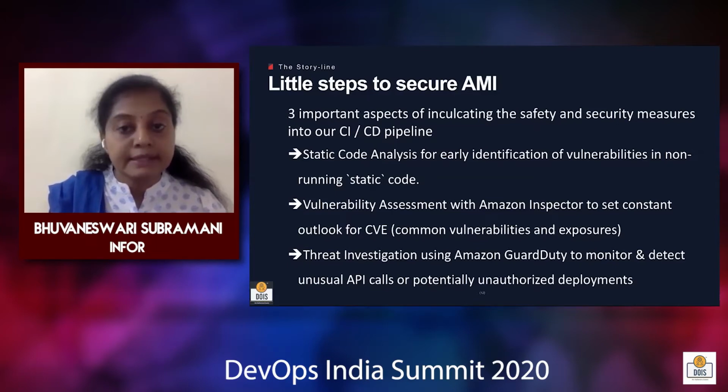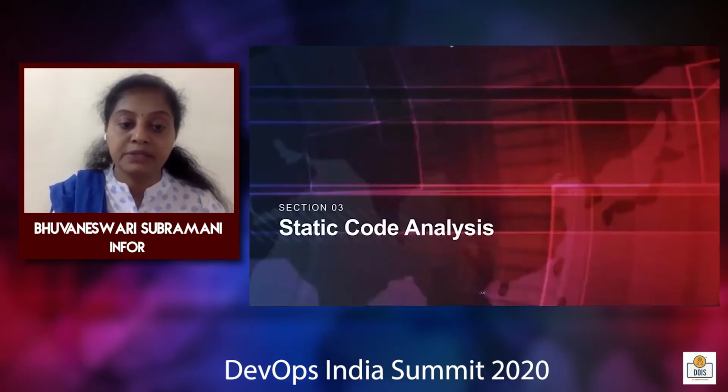The third one is threat detection using Amazon GuardDuty to monitor and detect unusual API calls or potentially unauthorized deployments. We will see in detail how this can be embedded in our pipeline to make it DevSecOps, going hand in hand right from our early development stage.